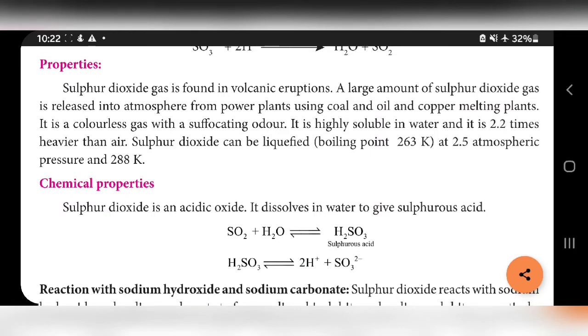Next one, properties of sulfur dioxide. Sulfur dioxide gas is found in volcanic eruptions. A large amount of sulfur dioxide gas is released into the atmosphere from power plants using coal and oil, and copper melting plants.